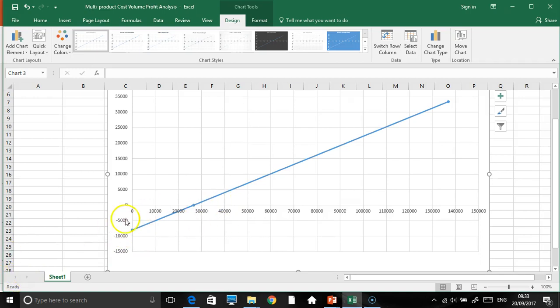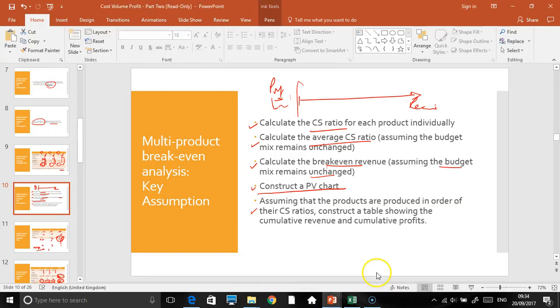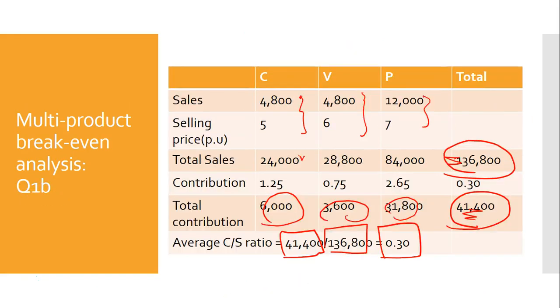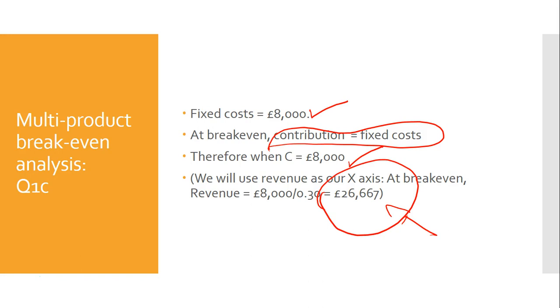This is the chart of the profit figure, and what we see here is the 8,000 loss over there. Let me take you to the figures to show how I've plotted my graph. Those are my figures, like I discussed earlier. That's my revenue at break-even.